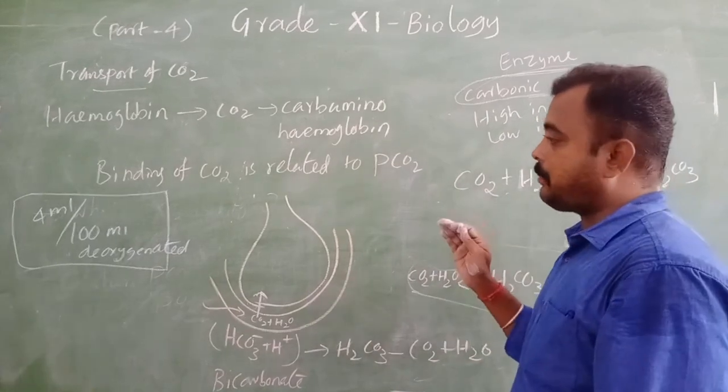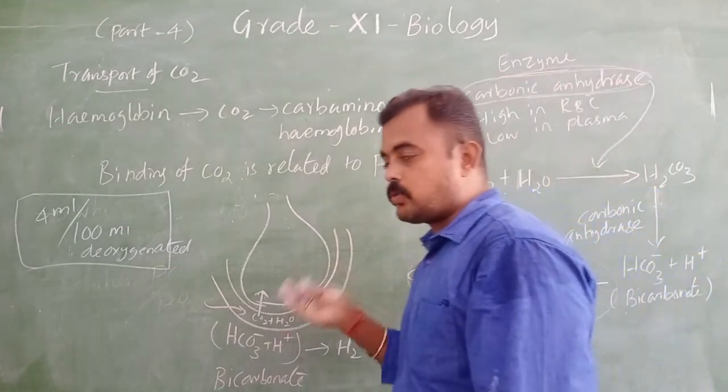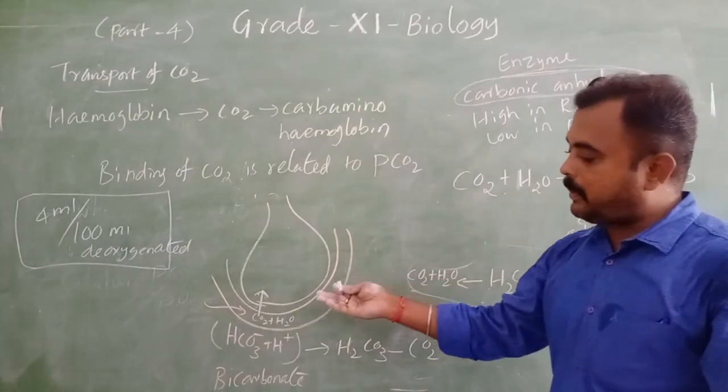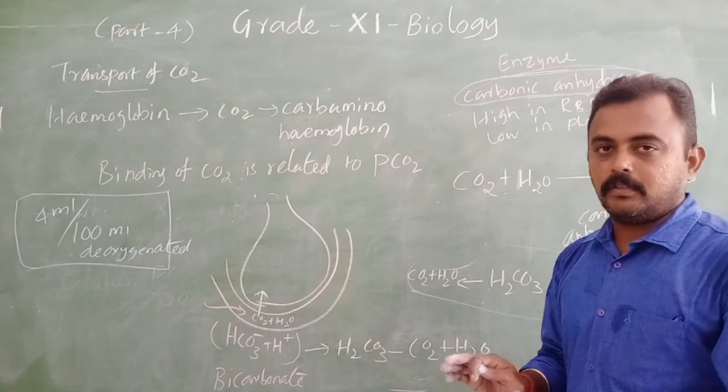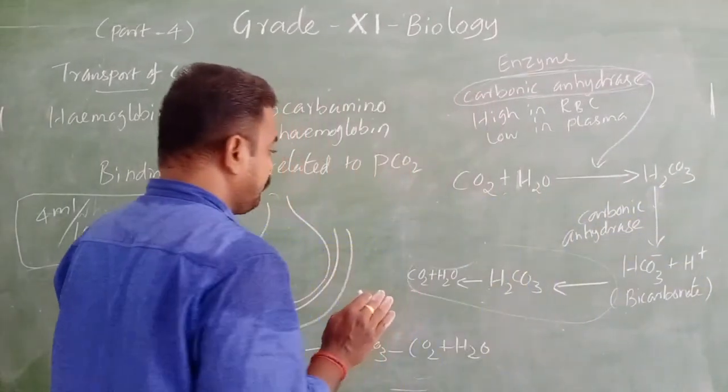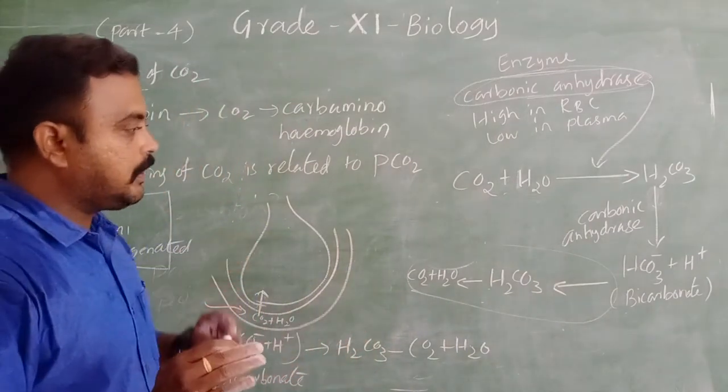So what happened? Binding happened in tissue, then dissociation happened in the alveoli. Do you understand or not? So finally the carbon dioxide is released out.